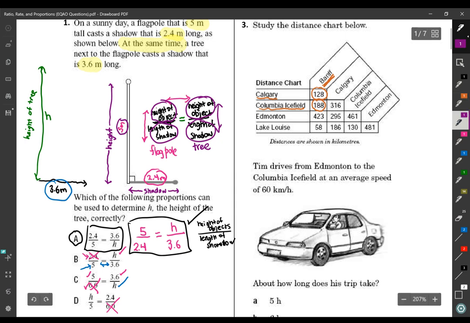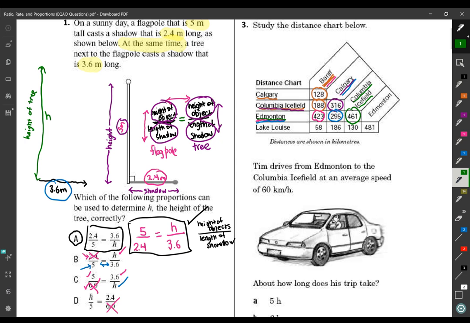The distance between Columbia Icefield and Calgary is 316 kilometers. The distance between Edmonton and Banff is 423. The distance between Edmonton and Calgary is 295. And the distance between Edmonton and Columbia Icefield is 461 kilometers, and so on, okay? So you get the idea.